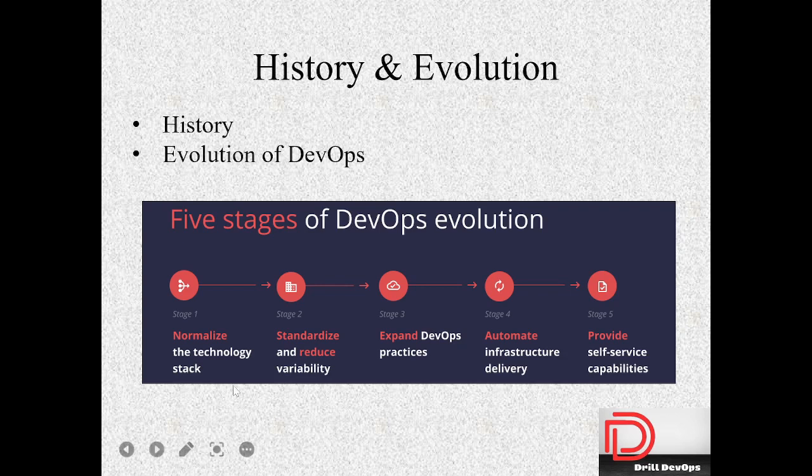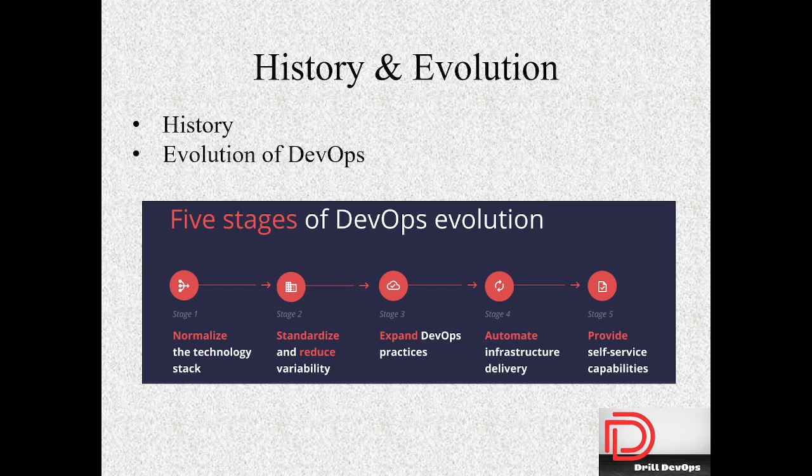So it started in the first phase with normalizing the technology stack, which means finalizing the build tools, coding languages, and then setting up a proper strategy for building, testing, and deploying. So first, it started with technology stack standardization, which means finalizing the tools and using only them, irrespective of multiple tools to build the same code. So that is where it started.